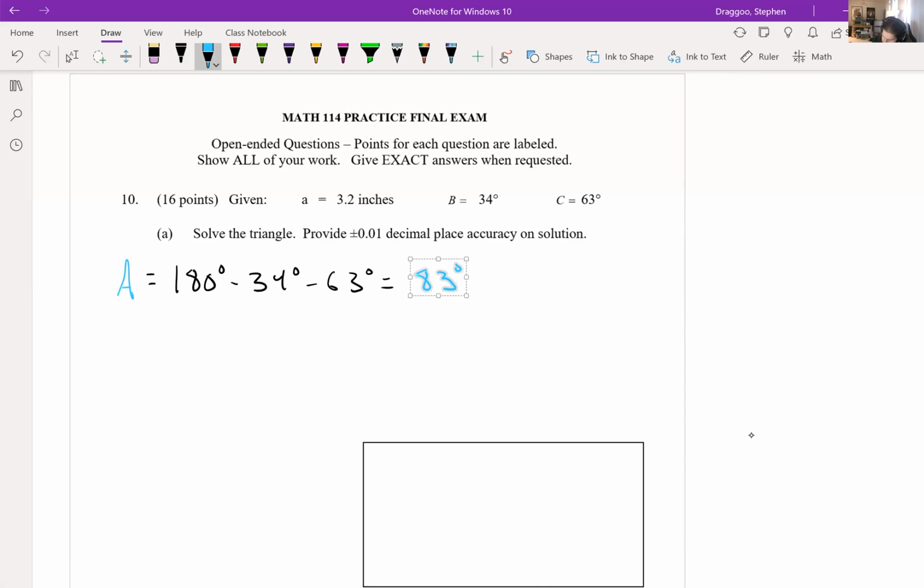Let's mark that in blue. So to get b, I'll have b over sine of 34 degrees, and that should be equal to 3.2 divided by the sine of 83 degrees.